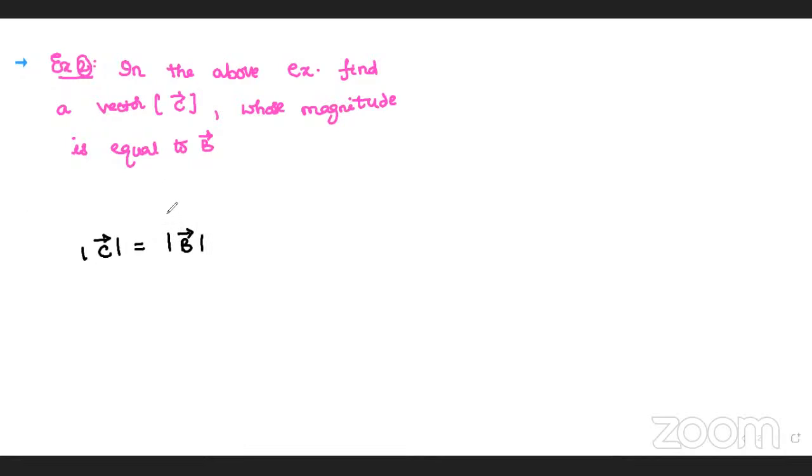So this is the information we have identified from the given question. Find a vector c bar whose magnitude, mod c bar, is equal to mod b bar, the magnitude of b bar.